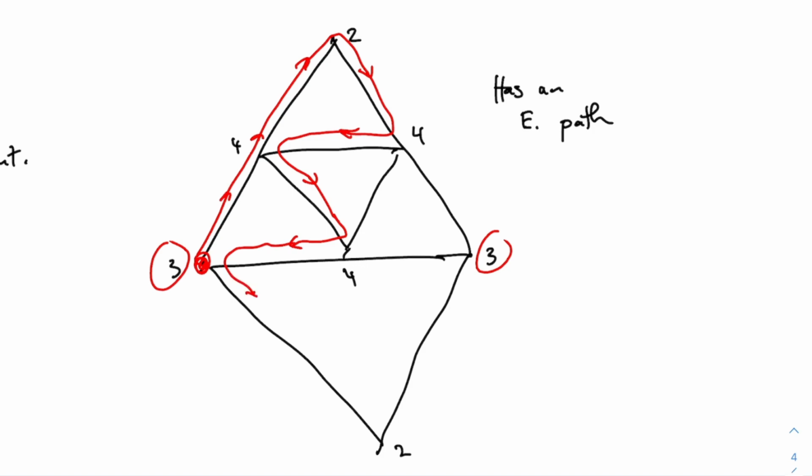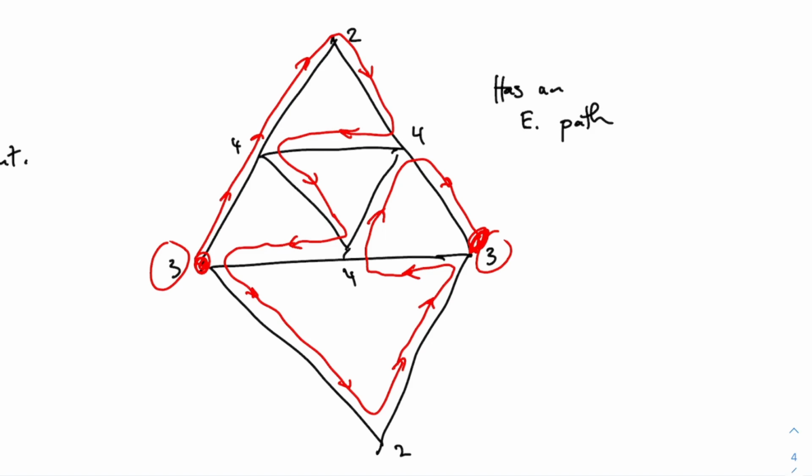It is okay to revisit a vertex. In fact, you basically have to to make this work. You just have to cover every edge one time. And I think I did it. Covered every edge without repeating any. All right? You're going to have to start at one of the 3s and end at the other 3. Any thoughts about that? Probably none of you drew exactly the same path as I did, but that's fine.